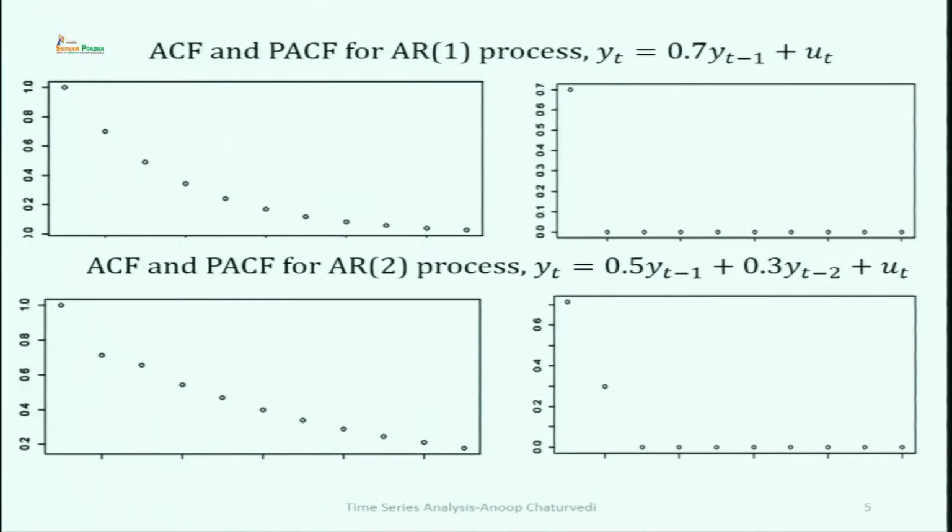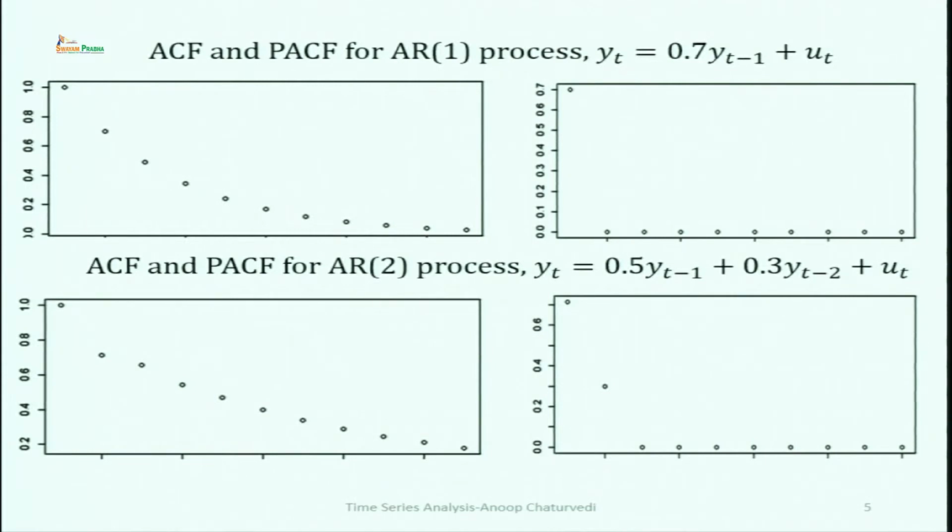However, for the autoregressive processes, the autocorrelation function never vanishes, but the partial autocorrelation function vanishes after a certain point. In fact, the cutoff point after which the partial autocorrelation function becomes 0 is the order of the autoregressive process.